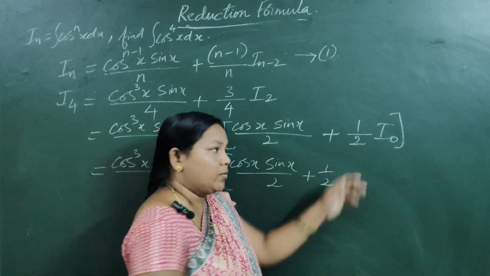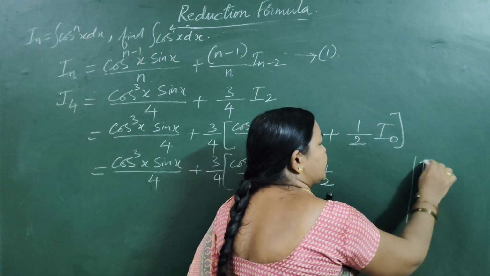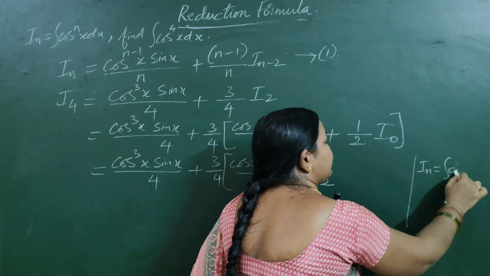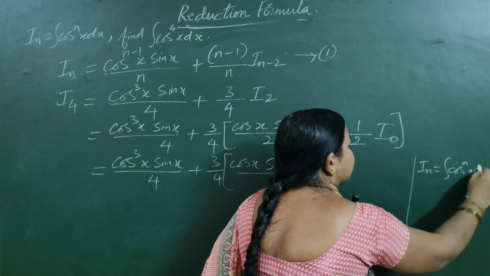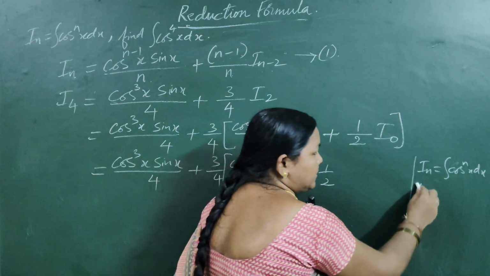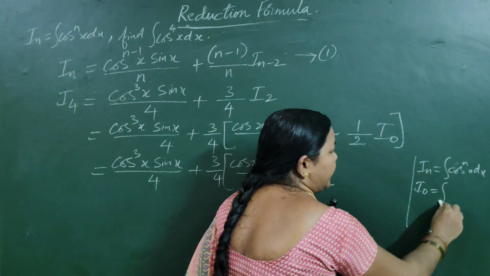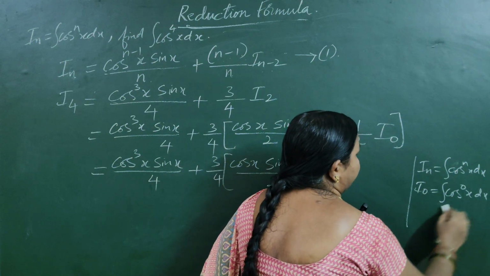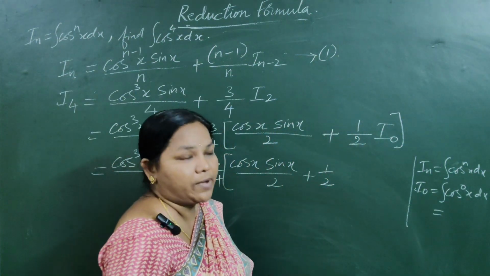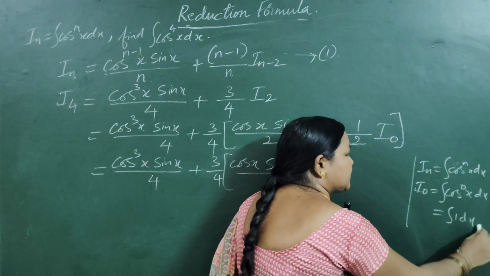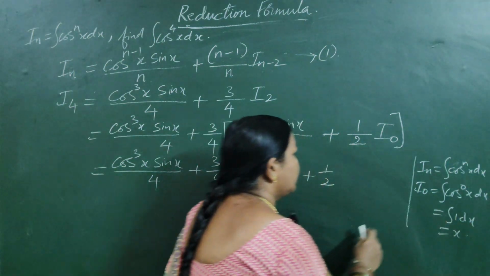Here I 0 in the question, I n is equal to integration of cos power n x dx. Here substitute the n value as 0, that is I 0 equal to integration of cos power 0 x dx. Any number to the power 0 is 1, that is integration of 1 dx is x.